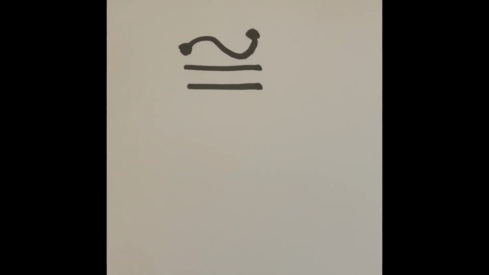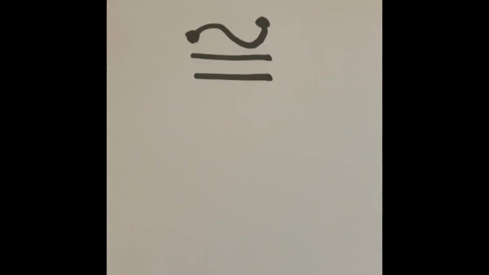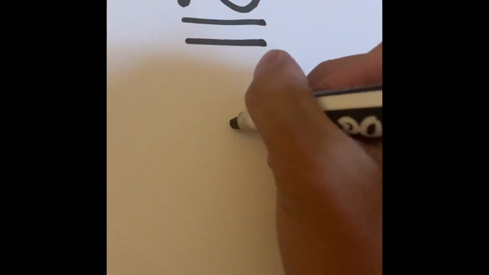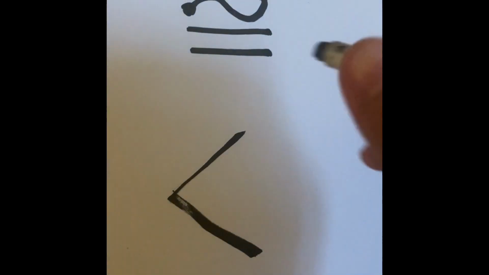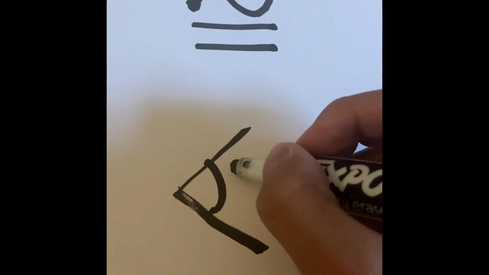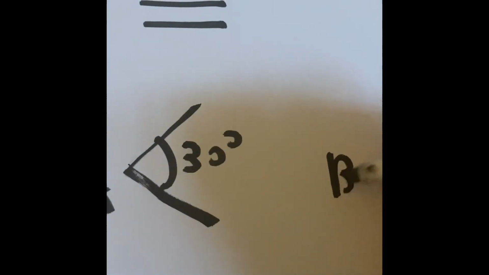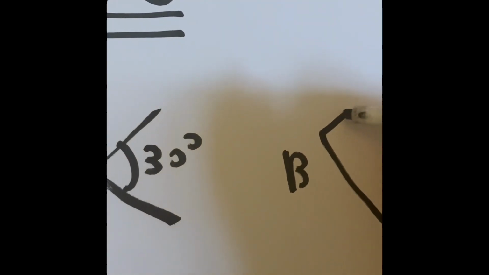Now we are going to look at angles and lines that are congruent. Here is angle A, and it is 30 degrees. If we look at angle B, it is also 30 degrees.